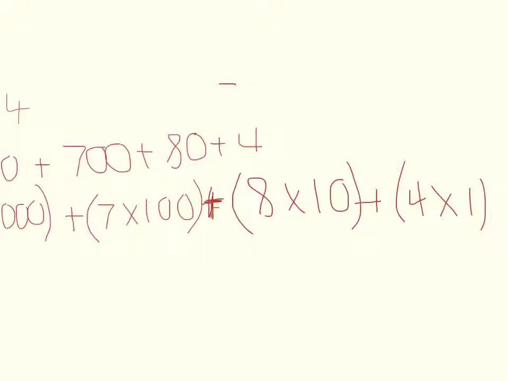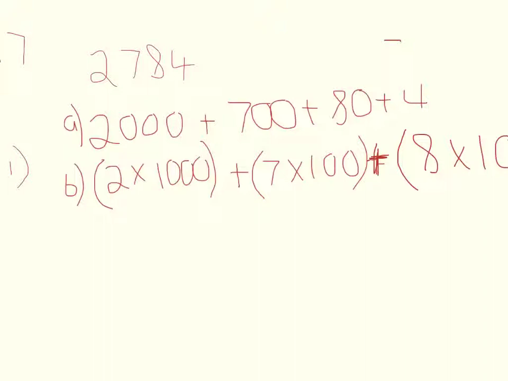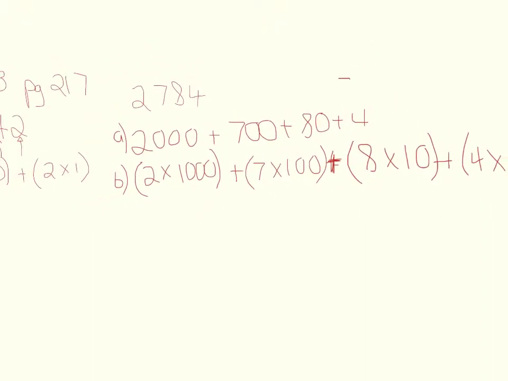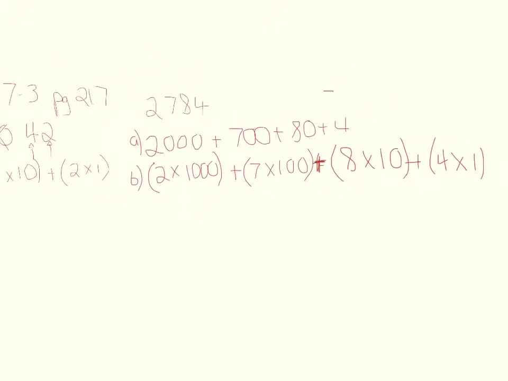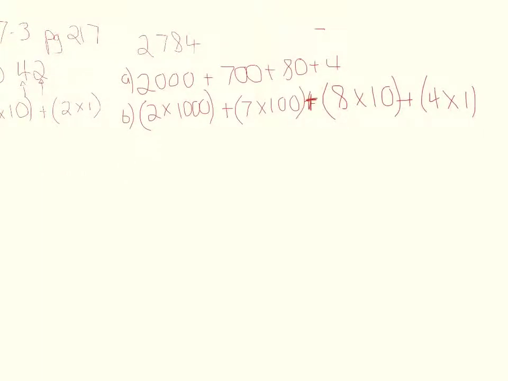And then for question 1c, maybe I can make this even smaller so it all fits in and you can see everything we're doing. It reads, write 2,784 in expanded notation as the sum of multiplication expressions, which we know how to do, using powers of 10. So now we actually have to use the powers of 10.